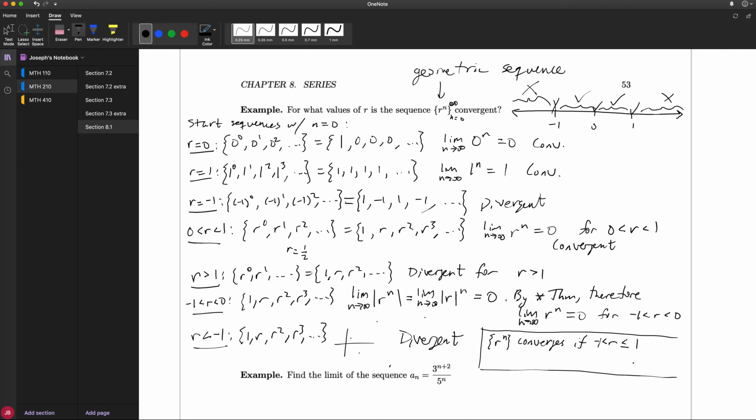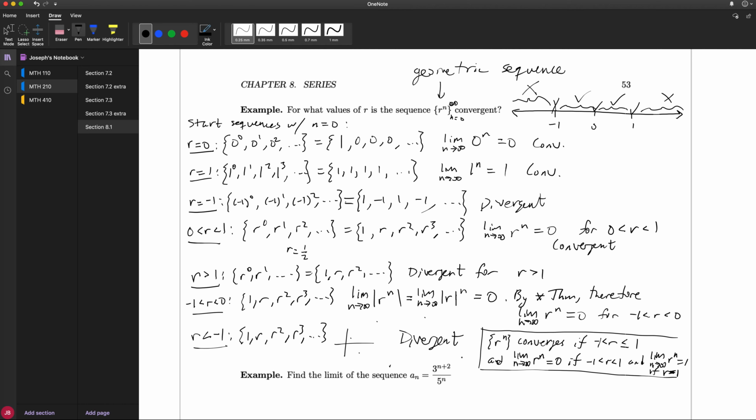Okay, and the limit as n goes to infinity of r to the n equals 0 if -1 is less than r less than 1, and the limit equals 1 if r equals 1. Right? So just go back here and look at the actual limits that we got. They were always 0 if they existed, unless r was equal to 1.